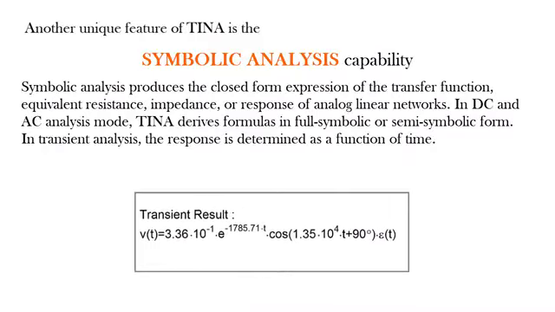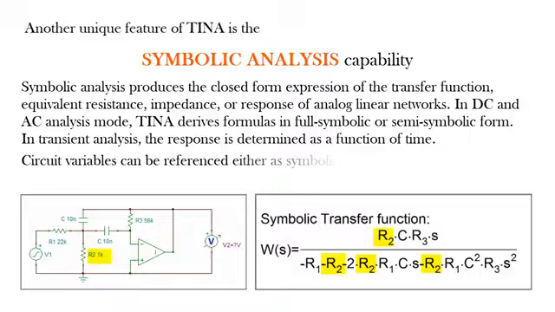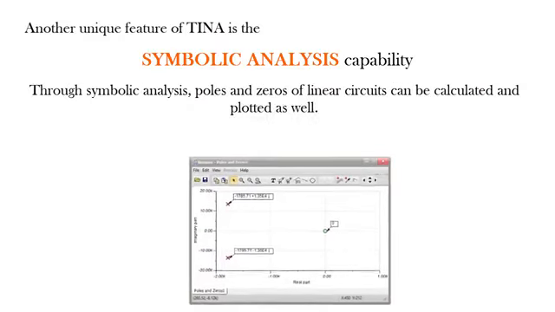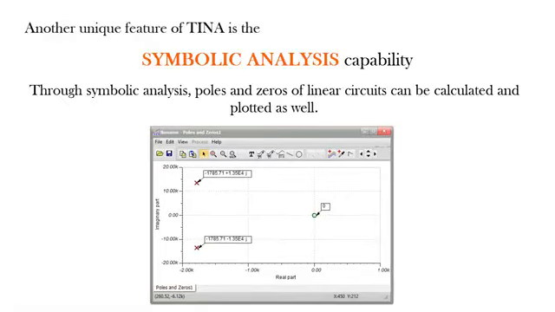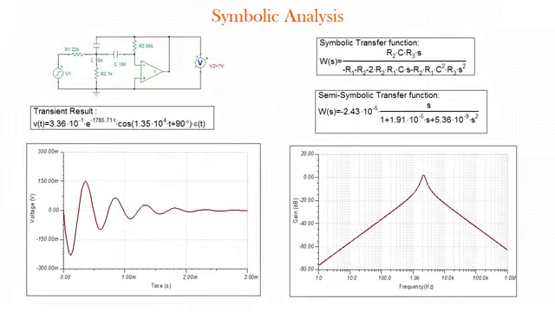In transient analysis, the response is determined as a function of time. Circuit variables can be referenced either as symbolic names or by value. Through symbolic analysis, poles and zeros of linear circuits can be calculated and plotted as well. For example, let's see the symbolic and numerical analysis results of an active bandpass filter.